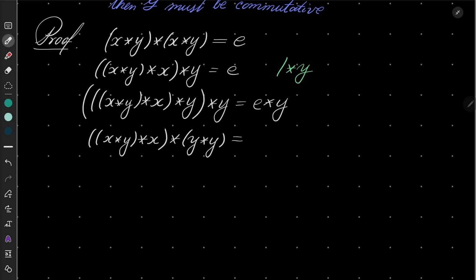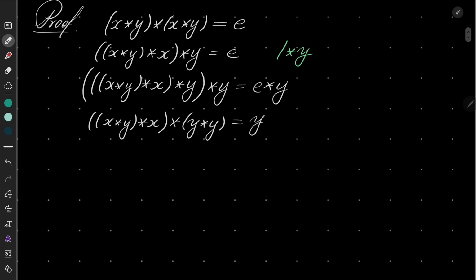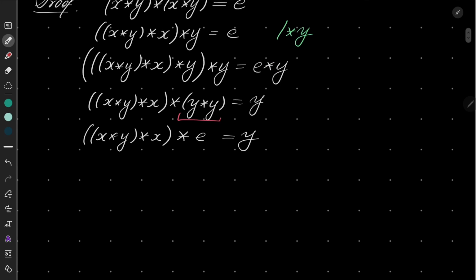So E star y is just y. Again, by our assumption, this quantity right here is just E, our neutral element. But again, if I take star with my neutral element, I can just omit it.